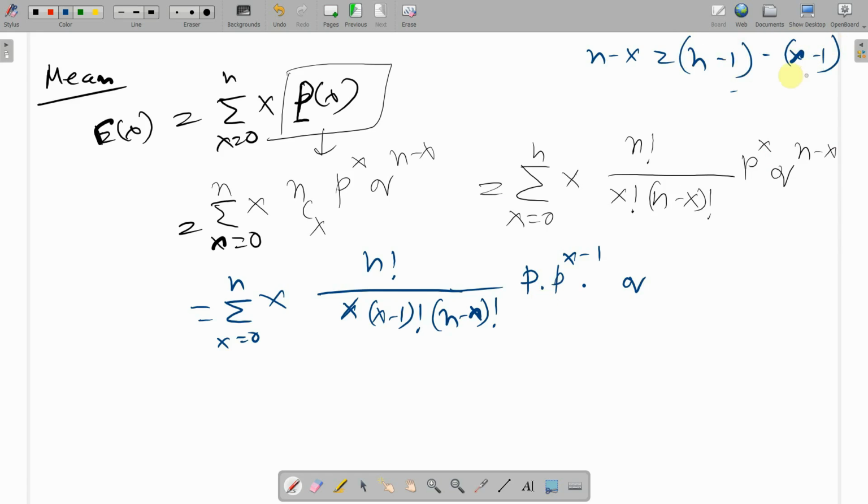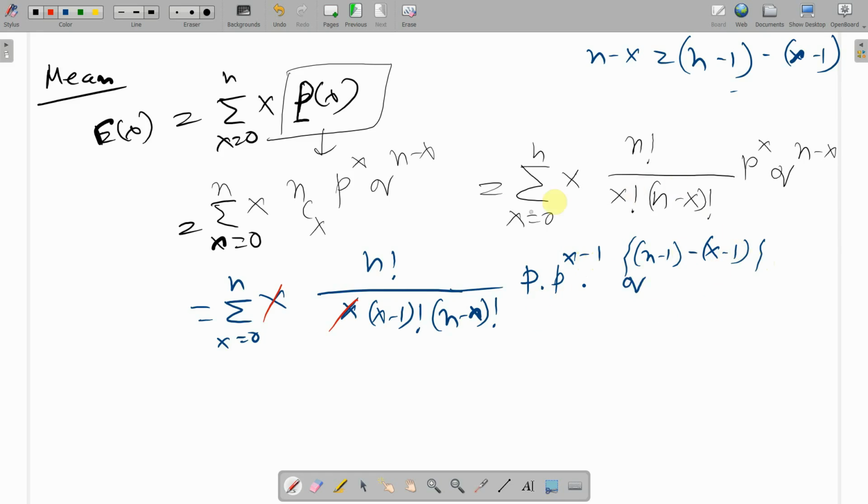ठीक है, अगर करते हो तो 1 कट जाएगा और n minus x हो जाएगा. So that I'm writing here that n minus 1 minus of x minus 1. This is q to the power, x equals to 0 to n. इसको किया जैसे कि हम लोग क्या करेंगे, x को काट देंगे, नलिफाई कर देंगे, and I am also writing p into p to the power x minus 1, q to the power n minus 1 minus x minus 1.